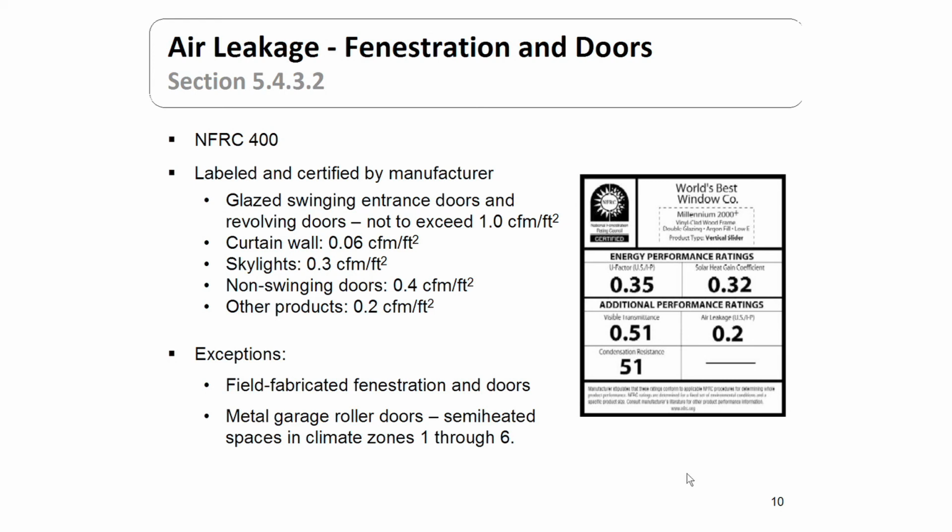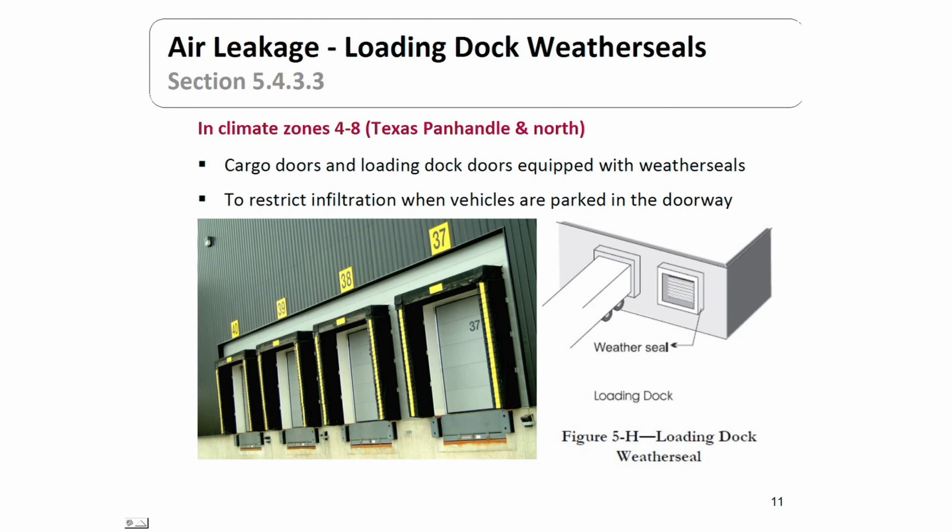The exceptions to this are field fabricated fenestration and doors, or also metal garage roller doors in semi-heated spaces, but this is only in climate zones 1 through 6. In the case of loading docks, this is required in climate zones 4 through 8.